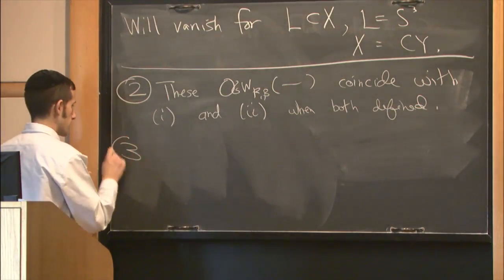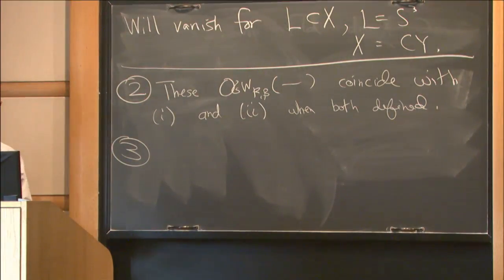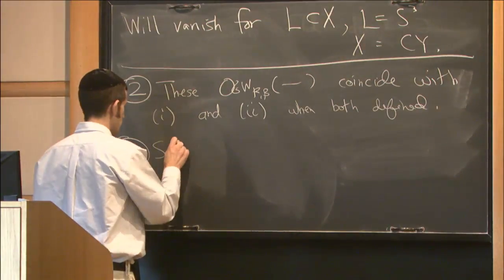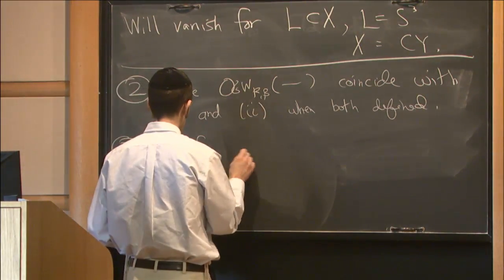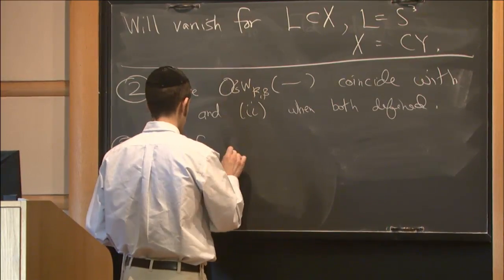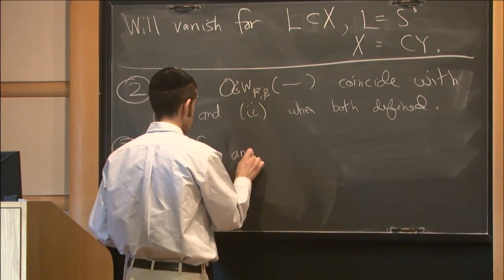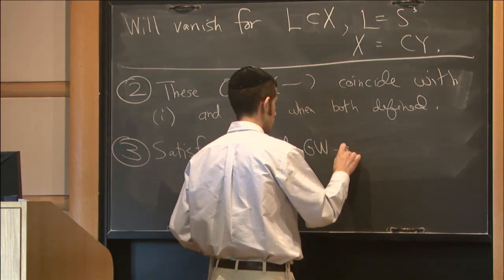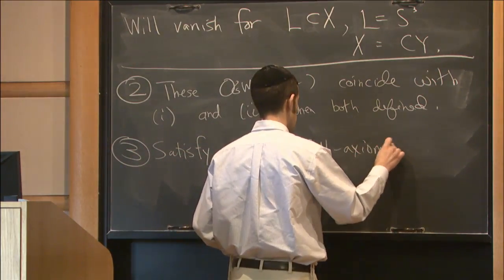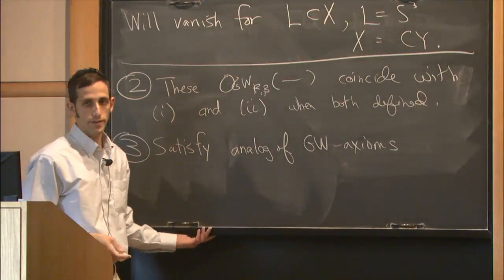And 3 is that they satisfy some axioms, sort of like the Gromov-Witten axioms. In particular, you get sort of a WdVV equation.